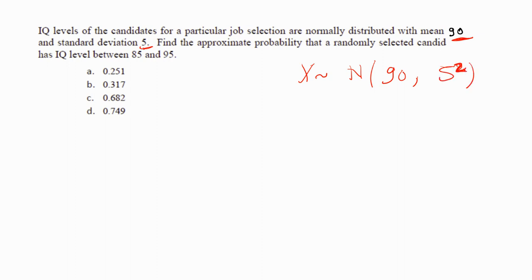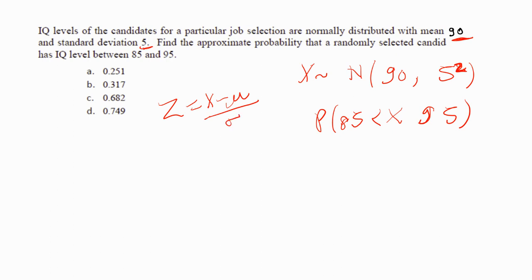Okay. So now we need to find the probability that x is between 85 and 90. Now we will convert this x into a standard normal variate. The standard normal variate is z equal to x minus mu upon sigma. We will do this for every value.